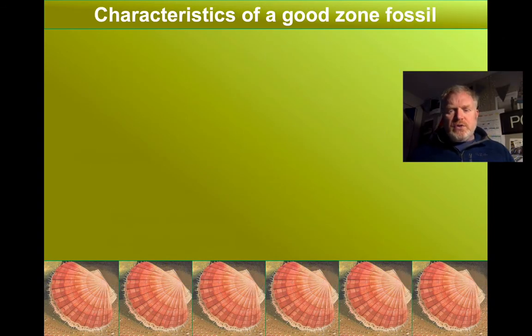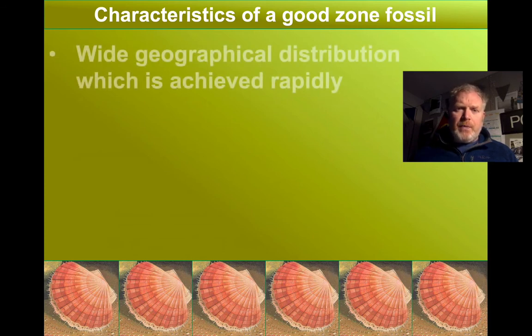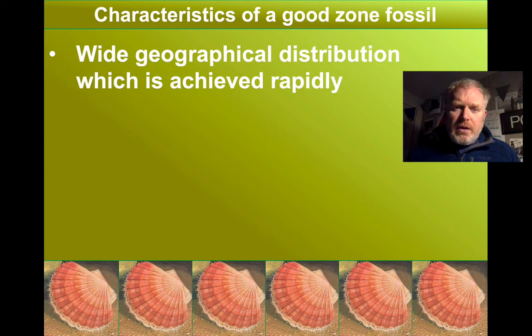To be a zone fossil, there are some characteristics that a fossil must have. Let's go through each of these and think about why. We need these fossils to be geographically widespread. The reason for that is we want to be able to correlate rocks in different places.